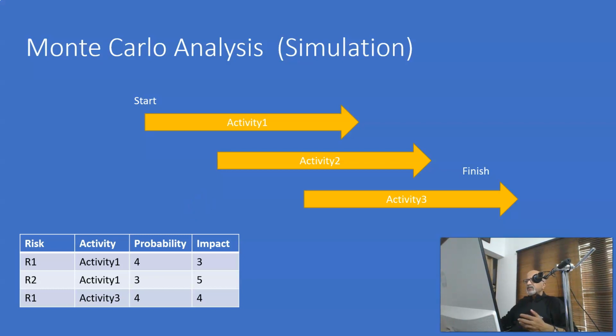The key here is that data quality is very important. If the data quality is good, and if you can define the correlations between the risks and the activities with respect to schedule as well as cost, then a Monte Carlo simulation can give us valuable recommendations.